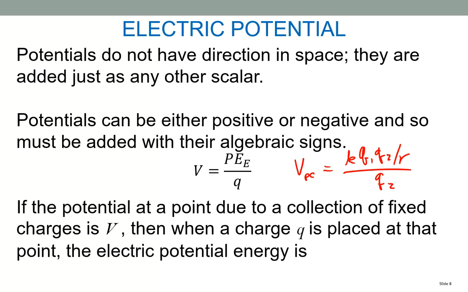Because we have to divide by one of the charges. The one that remains is the one that we have. Surprise. And so that's KQ over R. So the voltage caused by a single point charge is KQ over R, where R is how far away you are.